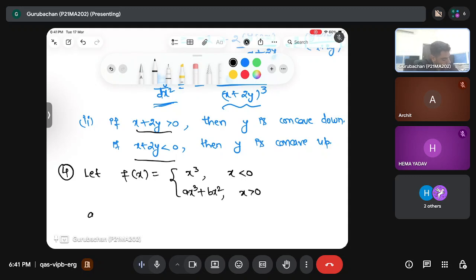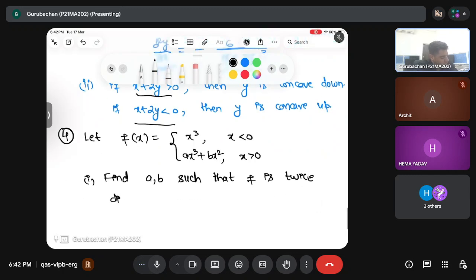So first of all, find a and b such that f is twice differentiable at x equal to 0.